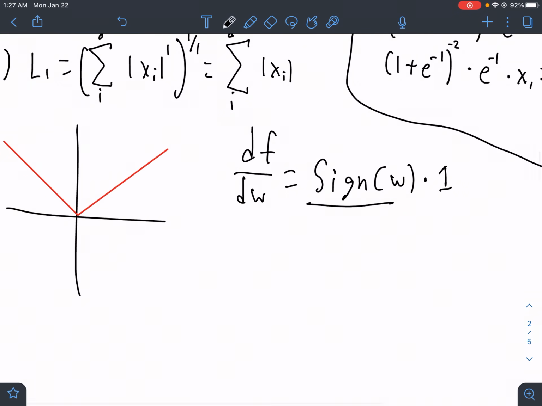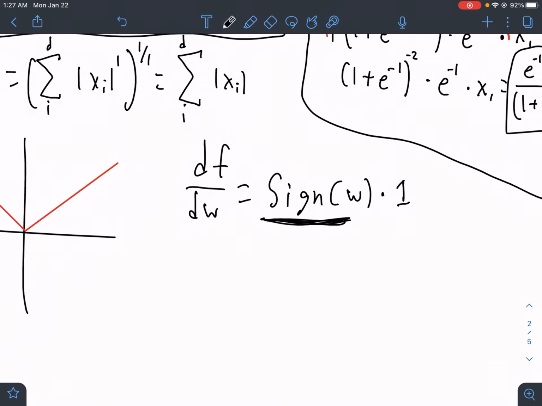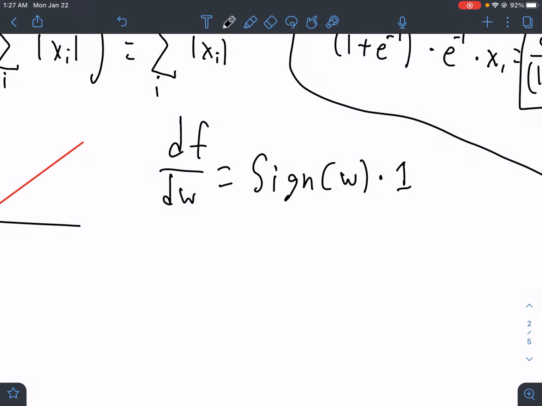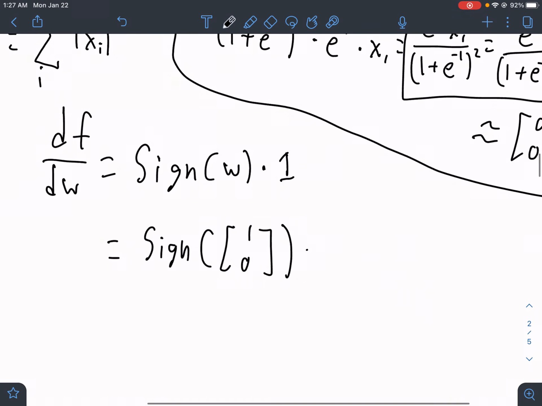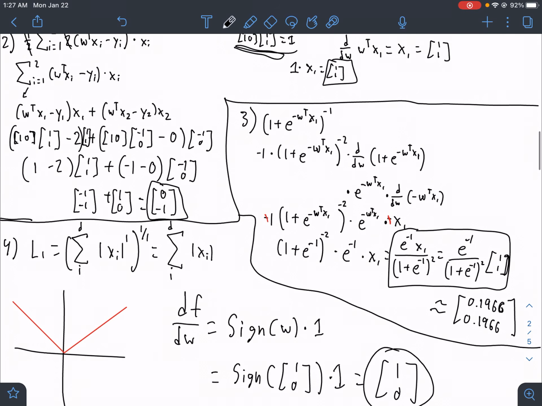So again, the derivative of L1, the function itself, is just the sign of the input. So now that we have that, this is just the sign of 1, 0, which is what w is, times 1, which just equals 1, 0. And that is our answer for part 4. Very simple.